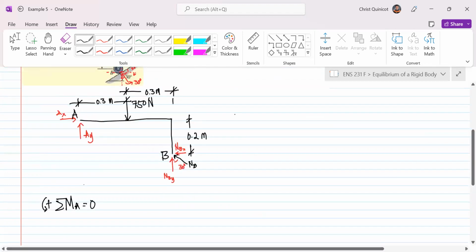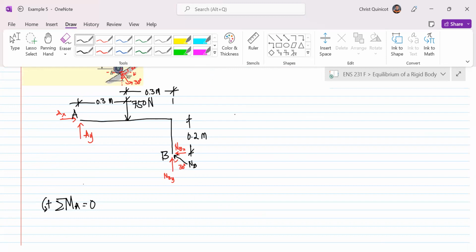Now, the Y component of our normal force N sub B follows a counterclockwise moment, while our X component follows a clockwise moment, as well as our 750.